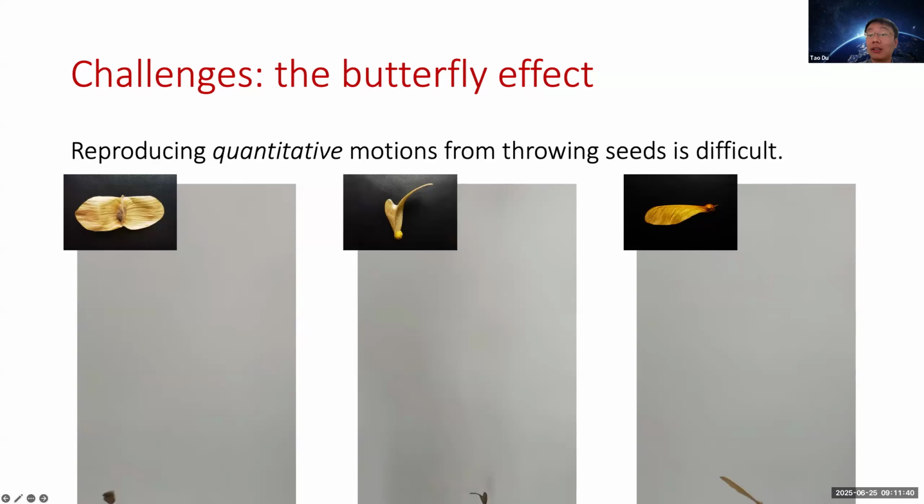While it may not be difficult to reproduce qualitatively the spinning motion from repeated experiments, both in simulation and in the real-world flight test, it turns out that it is quite challenging, but understandable, to ensure a quantitative alignment among these repeated experiments due to their sensitivity to the initial conditions, like how these seeds are released.